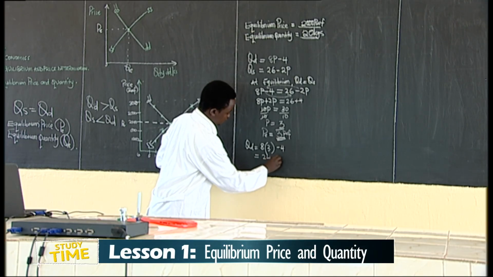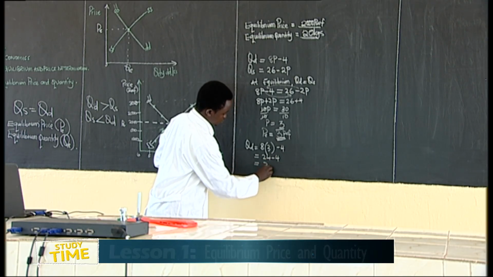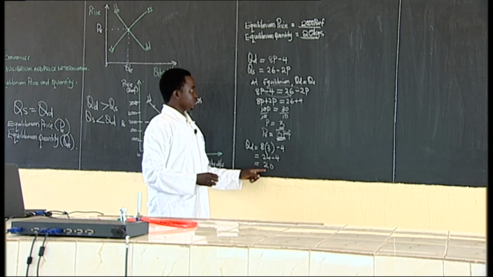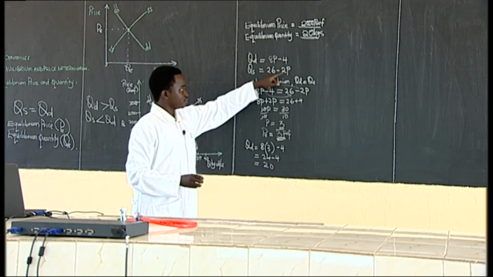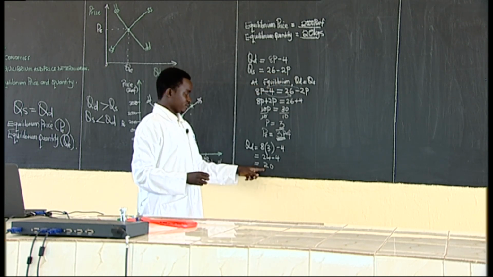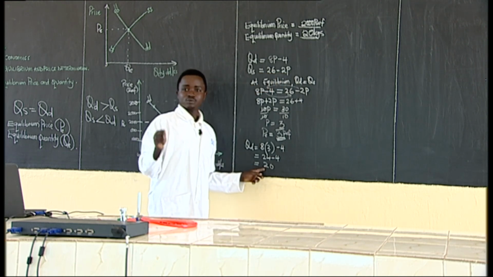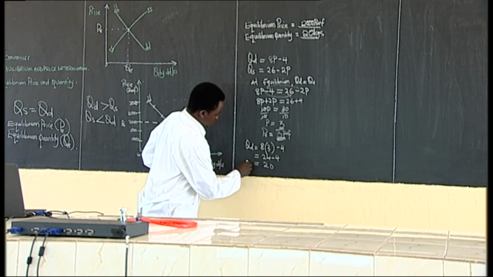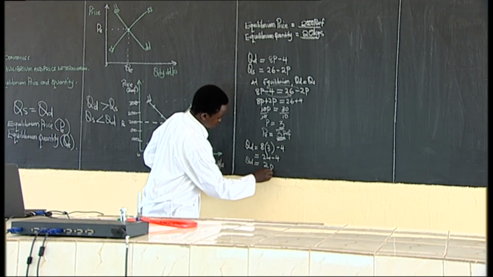When you subtract 4, you remain with 20. So quantity demanded is 20. Even if you substitute the value of P here, you will still get 20, because at equilibrium, quantity demanded is equal to quantity supplied. So this is our quantity demanded.